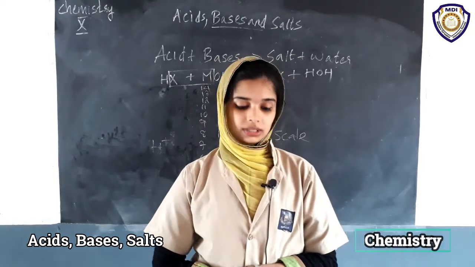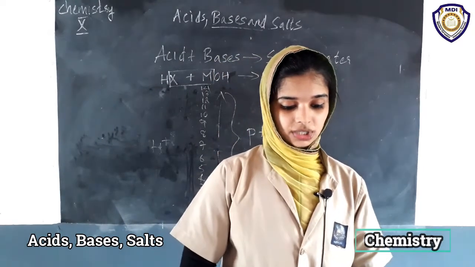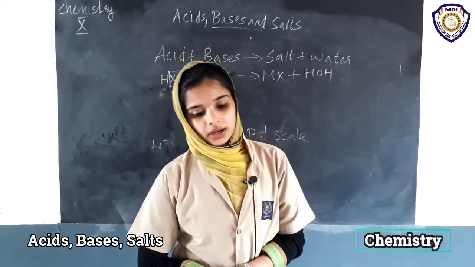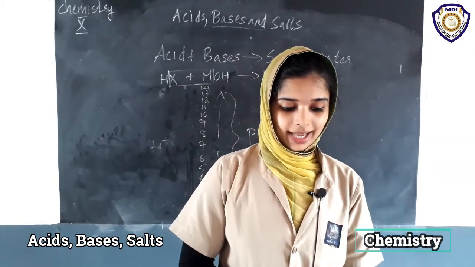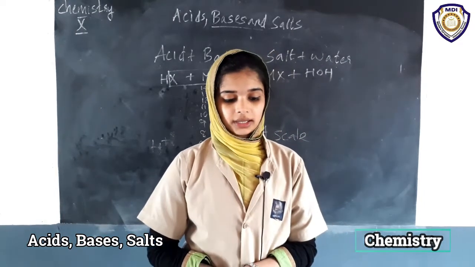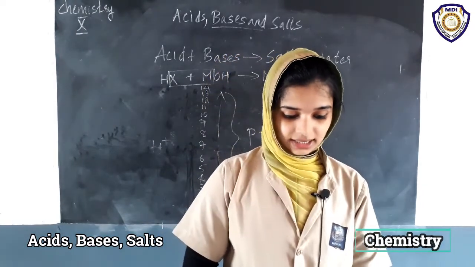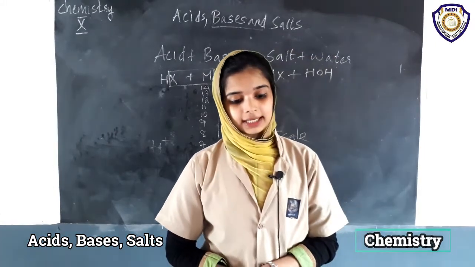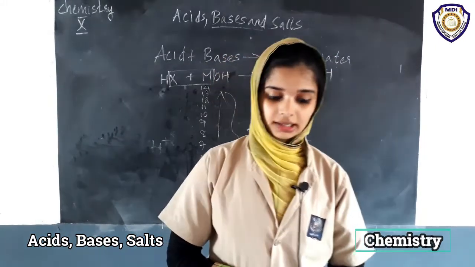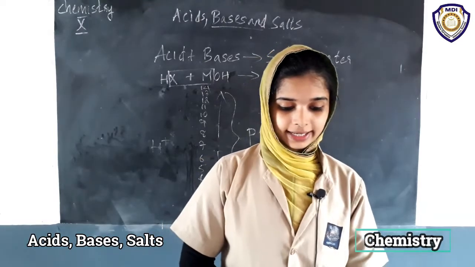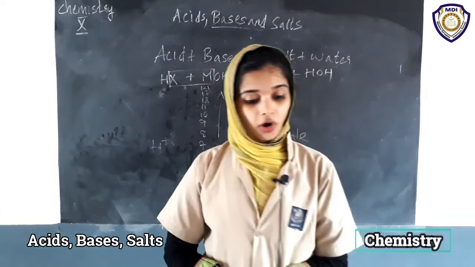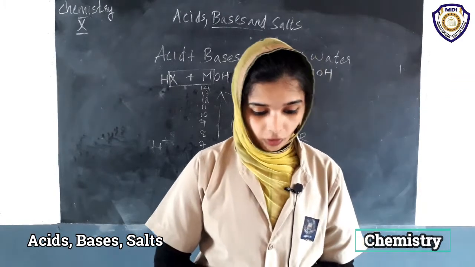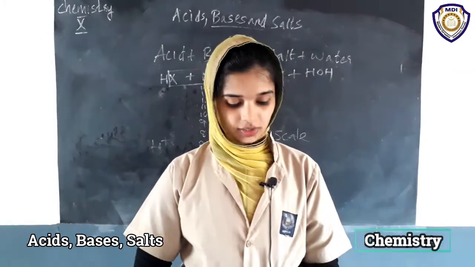Then lemon juice, the color is dark orange, pH is 2, acidic. Then the colorless aerated drink, its color is red, pH is 1, acidic. Then carrot juice, orange color, pH 2, acidic. Coffee, the color is yellow, pH value 4, nature acidic.